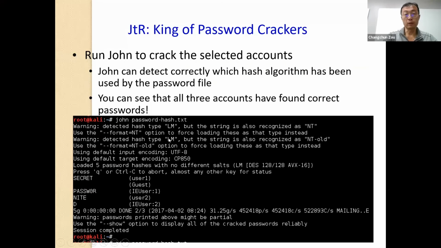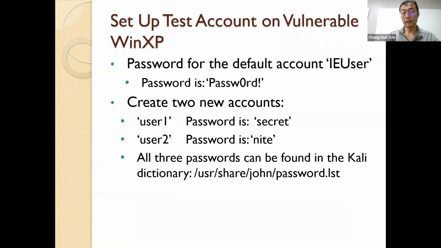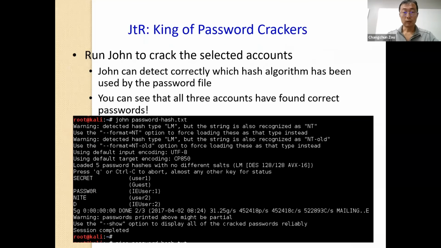The program used is very simple, just john and the password file, because if you don't supply a dictionary list, it will use its default dictionary list. The default dictionary list is the john password.lst file. This is a small password file. It only has 10,000, maybe 20,000 passwords.